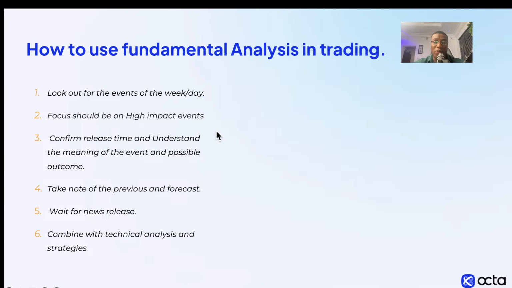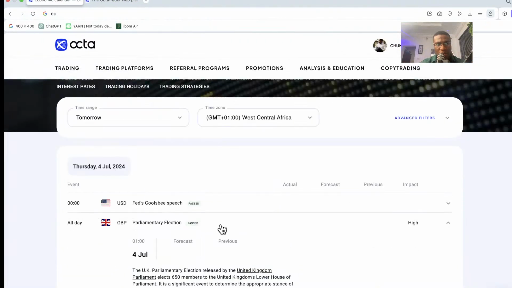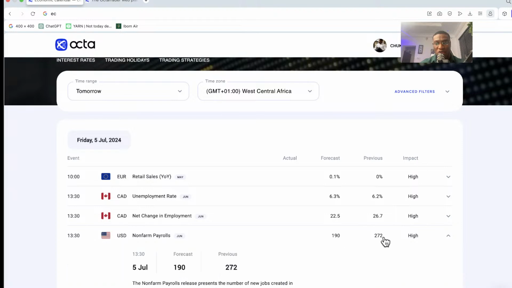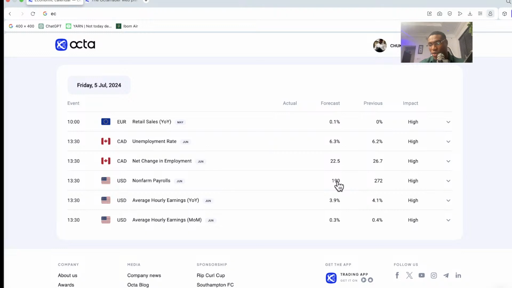And you want to take note of the previous and forecast reports, right? Are we forecasting an increased report? So let me just give you guys an example. Now, if you look at the non-farm payroll forecast, you see that the forecast is for a reduced result. So what this means is that we're expecting a lesser amount of people to be unemployed, right?